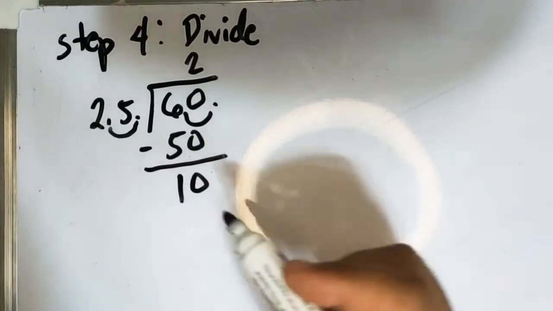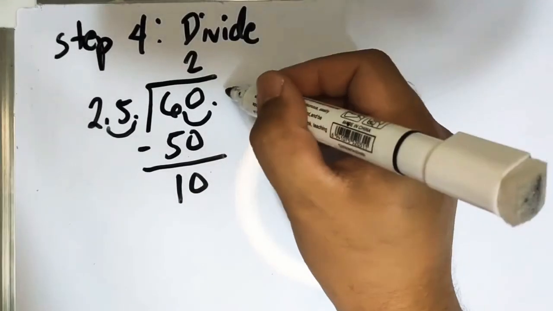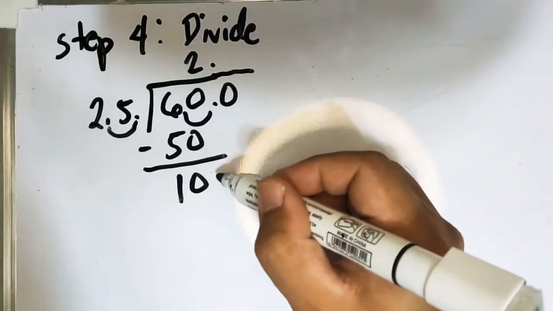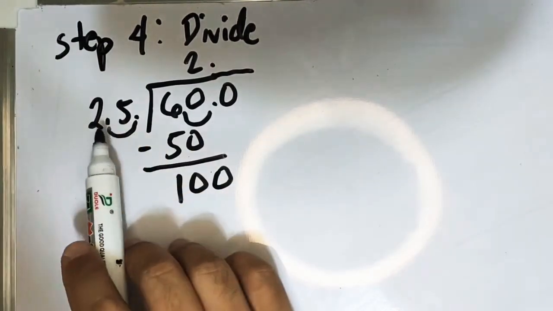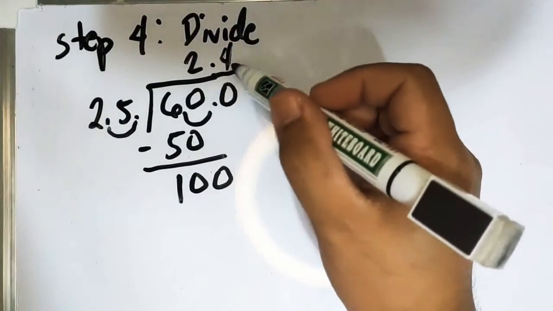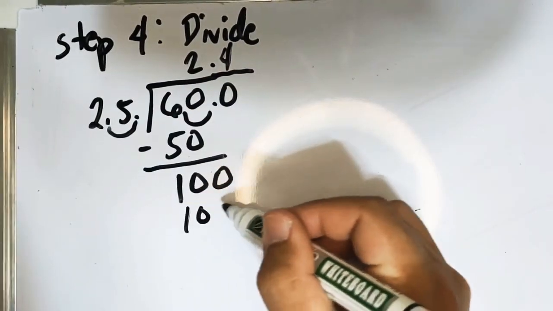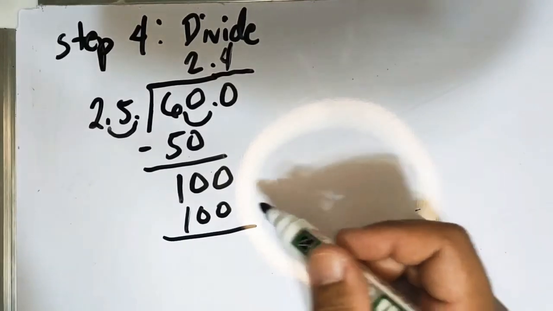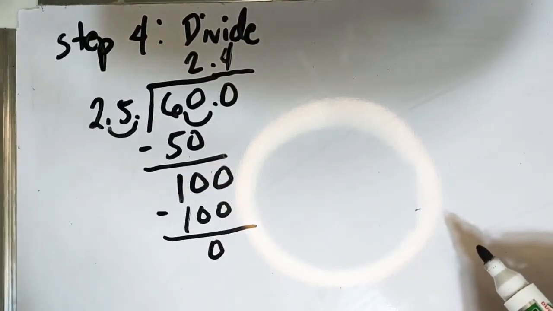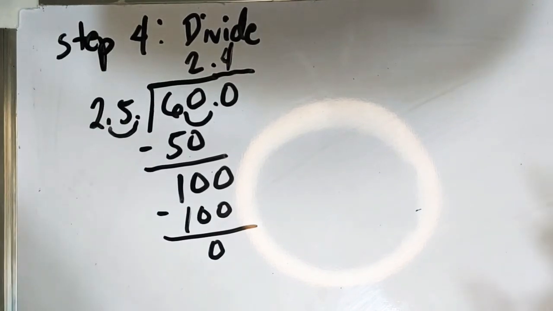Okay, so meron pa tayong remainder. Mag-add tayo ng 0. So 100 divided by 25 is equal to 4. 4 times 25 is equal to 100. 100 minus 100 is equal to 0. Okay? So now, our quotient is 2.4.